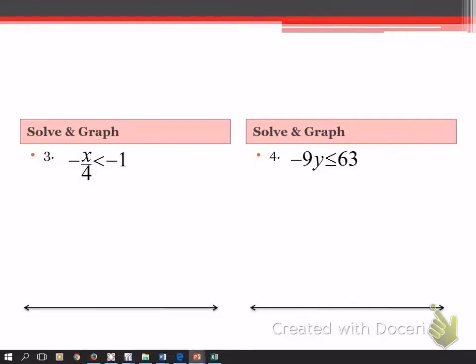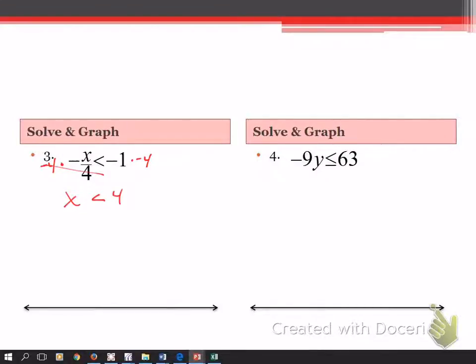So let's put this into practice. Number 3. We've got negative x over 4 is less than negative 1. Since the fraction bar means division, I've got to do the opposite, which is multiplication, to undo that and isolate that x. Negative 1 times negative 4 is 4.